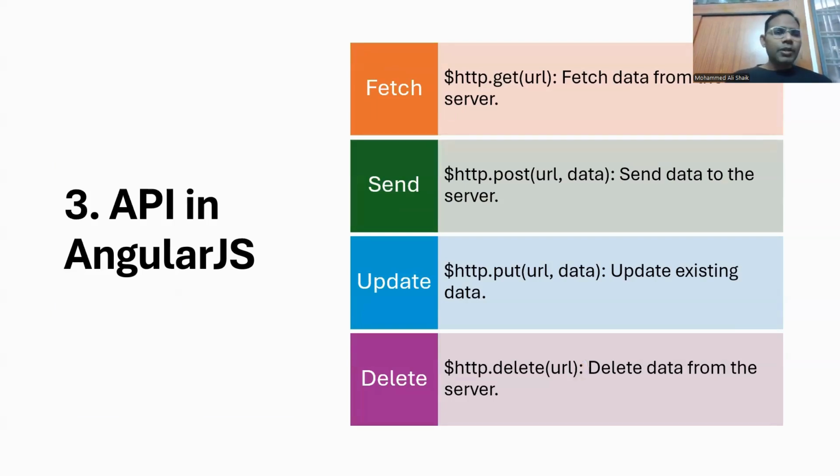The next topic, or the concept in this particular session, is APIs in AngularJS. We have these things to implement the APIs concept: we can fetch the data, send the data, update the data, delete the data. An API is an application program interface.